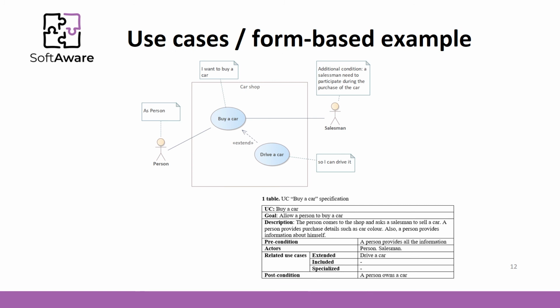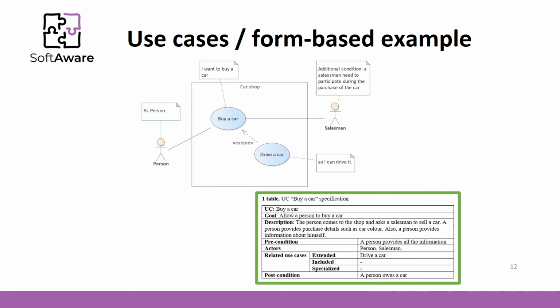As you can see in this slide, it would be hard to write all information in the UML use case diagram, so all specifications and additional information are described in separate tables. In this case, the buy a car bubble or use case is described in Table 1 in more detail. It shows information like a goal, description, precondition, actors, related use cases, and post-condition.